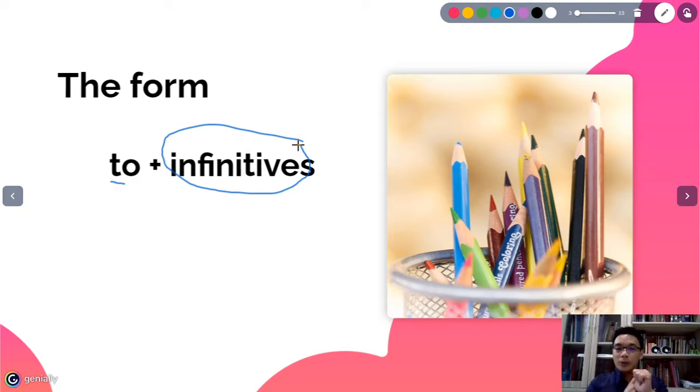So do, go, be, write, read. Remember, there is no ing, there is no ed, there is no s. So it is basically the base form, the original form of the verbs.